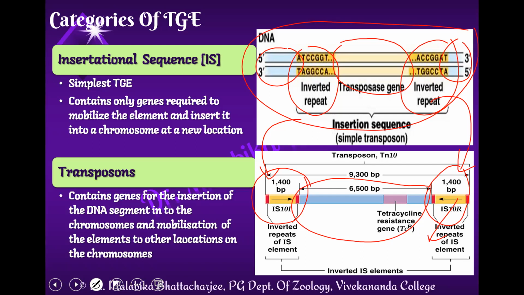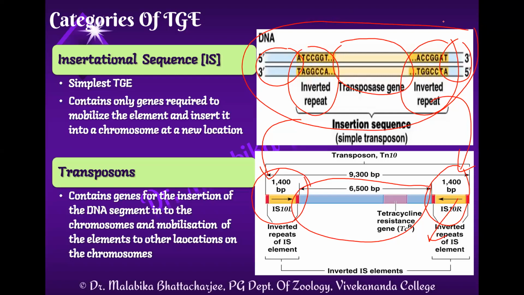In this particular picture, Tn10, the boundaries are bordered by two insertional sequences, and any one of the IS elements can provide the transposase enzyme for this particular transposon to come out of the DNA and integrate itself into a new region of the chromosome.